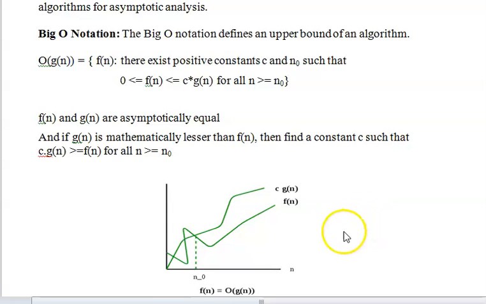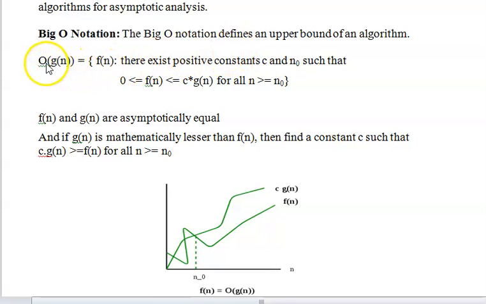And for performing this asymptotic analysis, we use different notations, and we have seen one among them, that is the big O notation. The big O notation defines an upper bound of an algorithm.